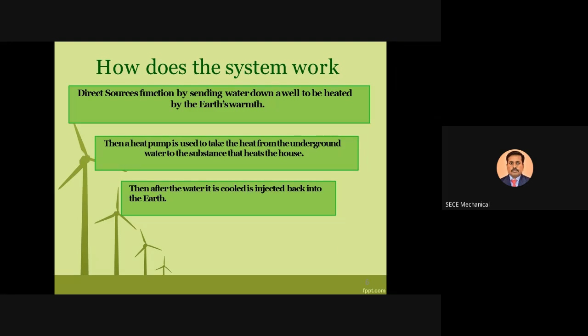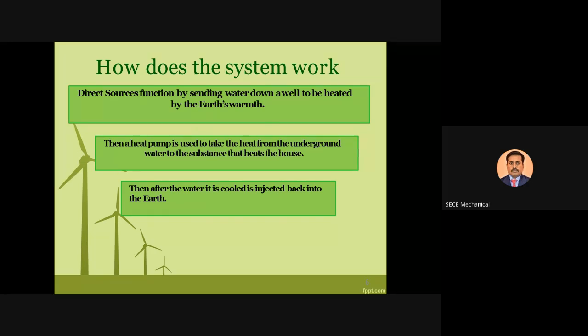The heat pump can be utilized for sending water underground, that is, into the heat zone area. Then after the water is cooled, it is injected back into the earth.